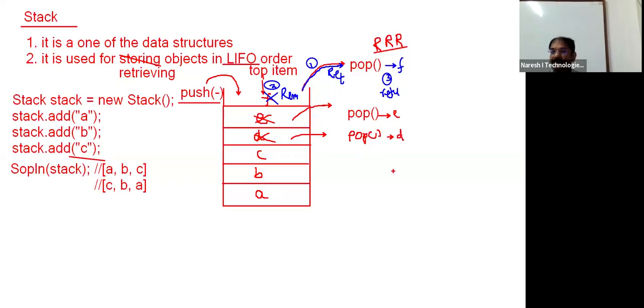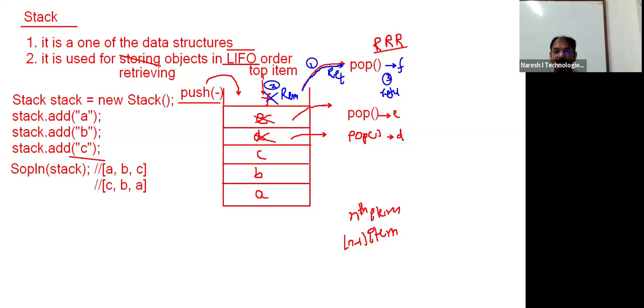Understood? Tell me, if you want to retrieve the nth item in the stack, can I directly retrieve it? No. What do I have to do? I have to remove n minus 1 items. Yes or no? What is the last in first out concept?